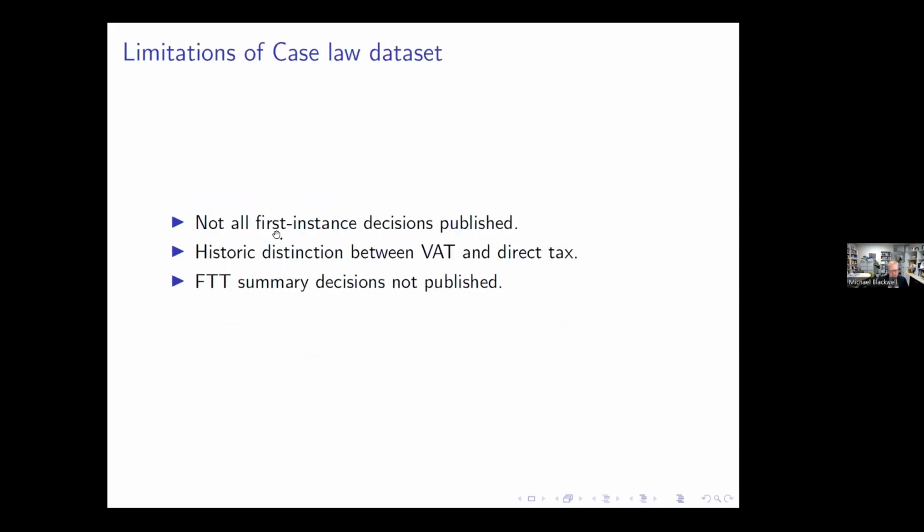And also, even now, not all first-tier tribunal decisions are published, and around 40% of them are. Others where there's seen to be no precedential value, often relating to confiscation of alcohol or penalties for late filing of returns, aren't published.